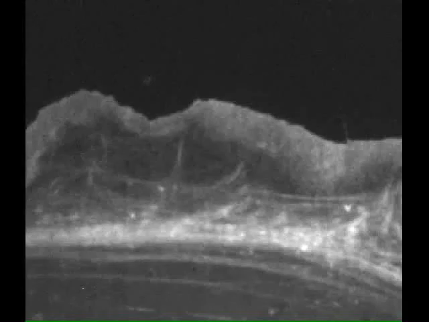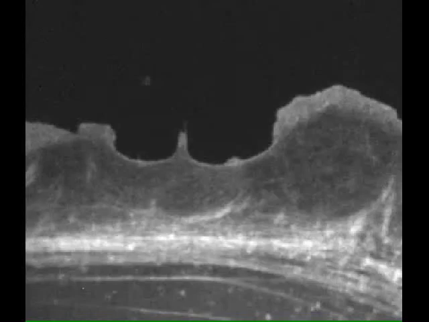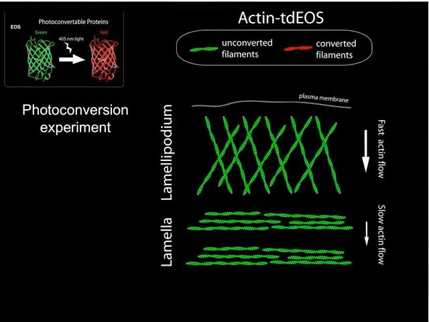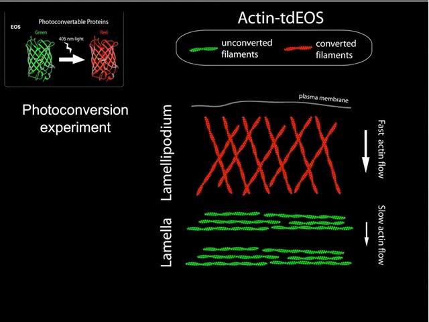Now, if we go on to the next slide, what we were interested in testing using the photoactivatable protein tdEos, which switches from green to red upon UV illumination, was to determine whether by photoactivating the portion of the actin cytoskeleton that's right adjacent to the plasma membrane, which is called the lamellipodium, converting selectively that pool from green to red by photoactivation, what is the fate of those molecules over time?